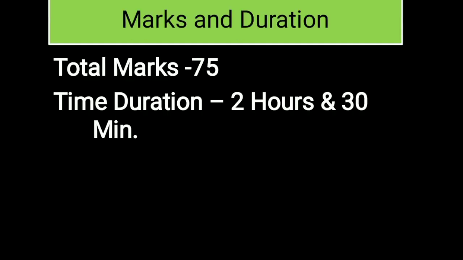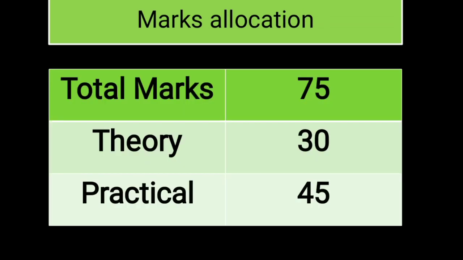As we are already aware, we are having an external paper of 75 marks, and for that we are having a time duration of 2 hours and 30 minutes. For this 75 marks, we are having 30 marks theory and 45 marks practical. So here the weightage of practical is more.